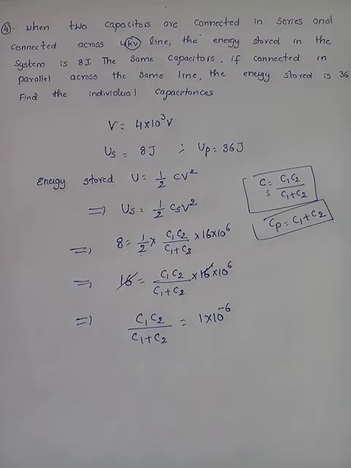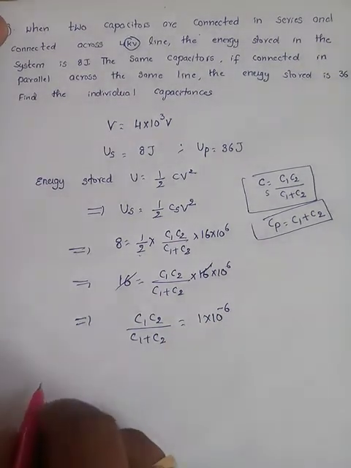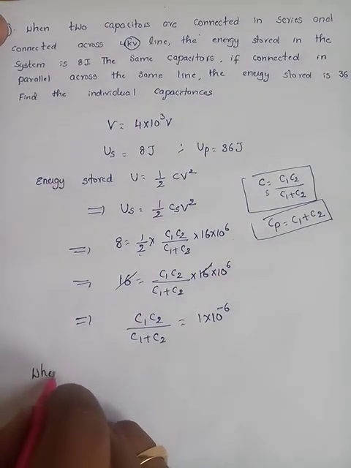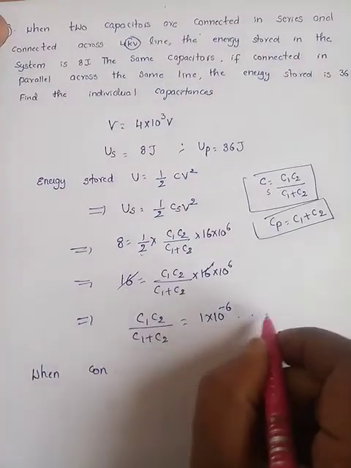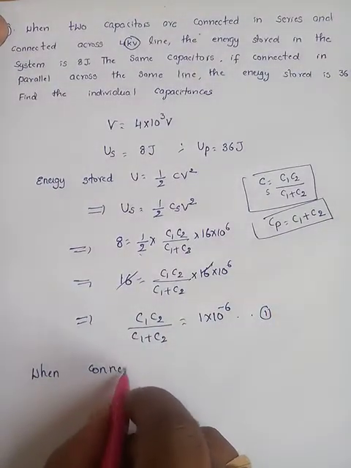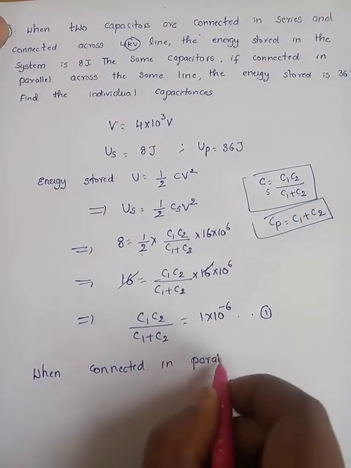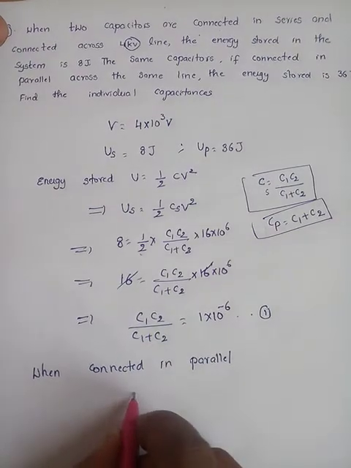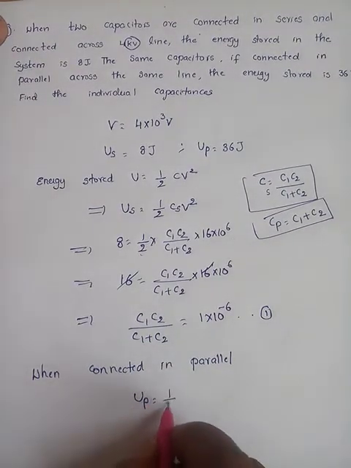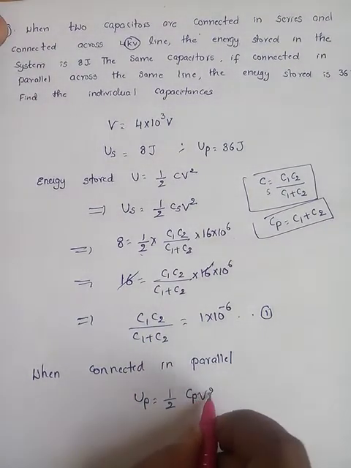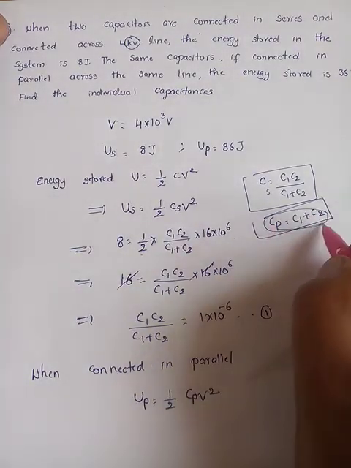Okay, next one. This is equation number 1. When connected in parallel, Up equals half Cp V square. What is the Cp value? C1 plus C2.